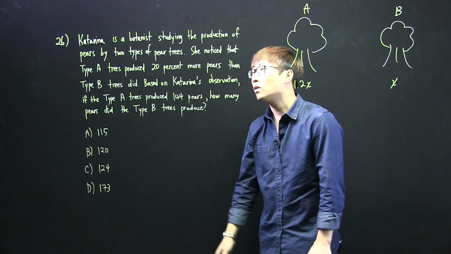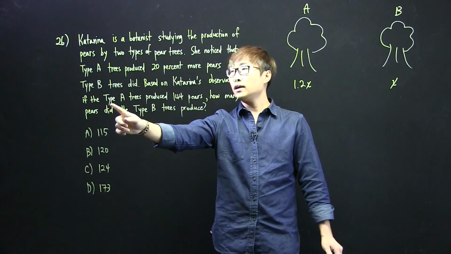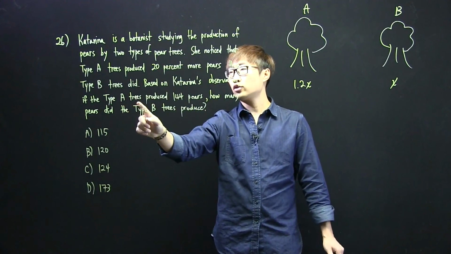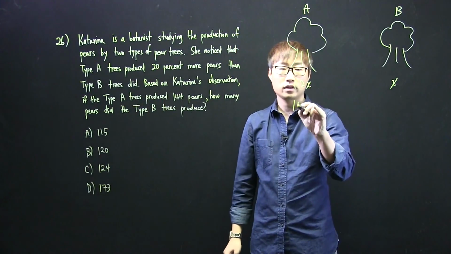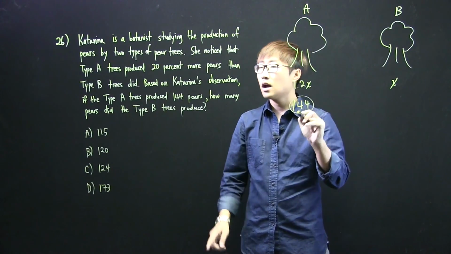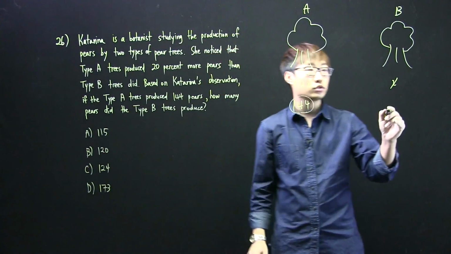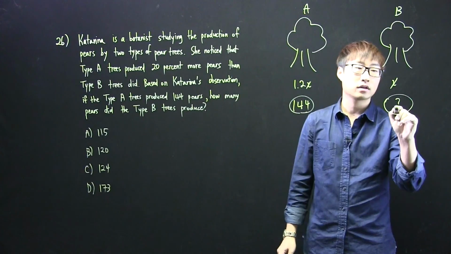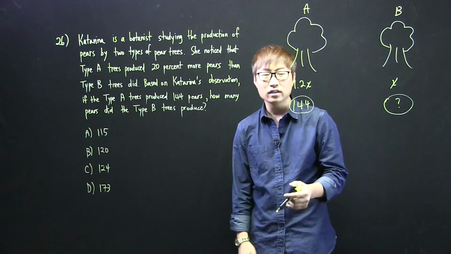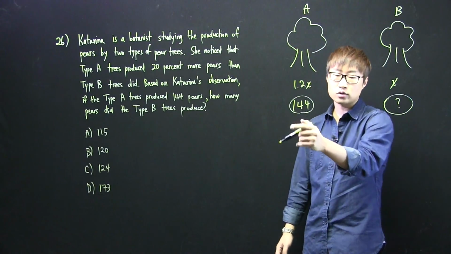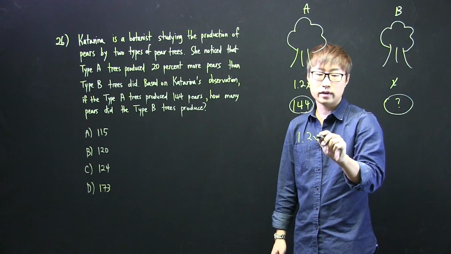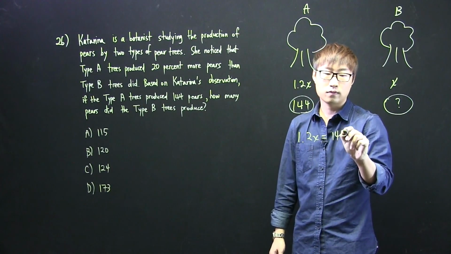And what else do I know? If the type A trees produce 144 pears, so that was 144 here, how many pears did the type B trees produce? So we're looking for what number was here. So can we just solve for x? Because 1.2x is 144.